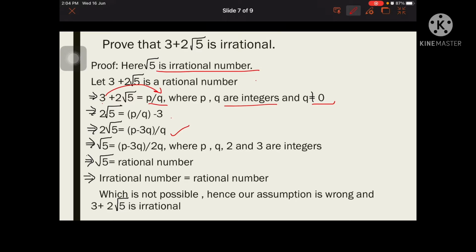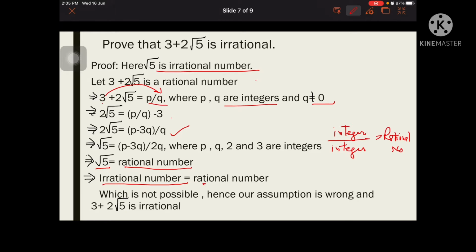Now we have p, q, 2 and 3 are all integers. Now we know that integer upon integer is a rational number, right? So the right hand side becomes a rational number and the left hand side is under root 5, which is irrational.